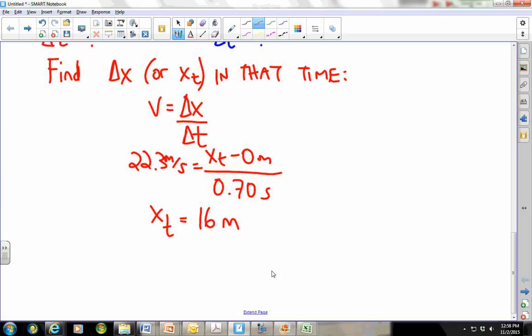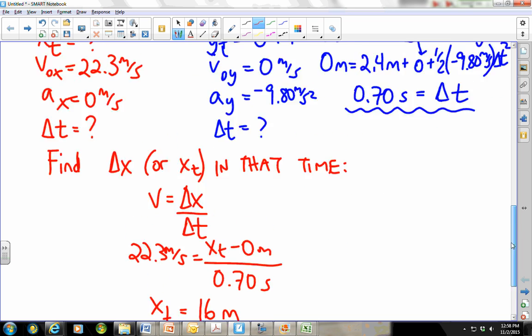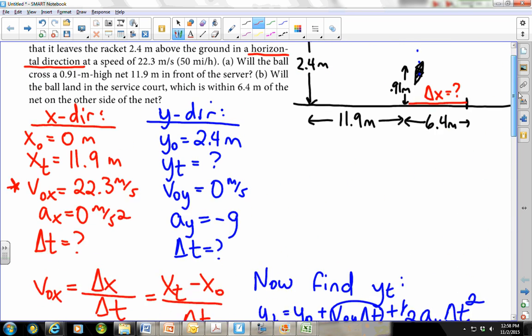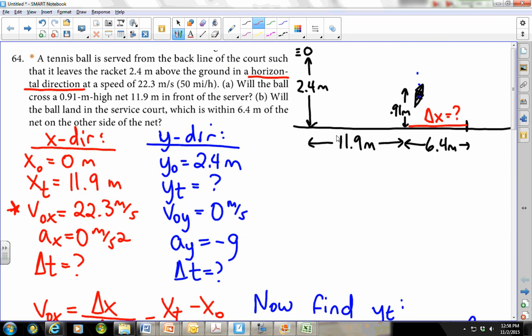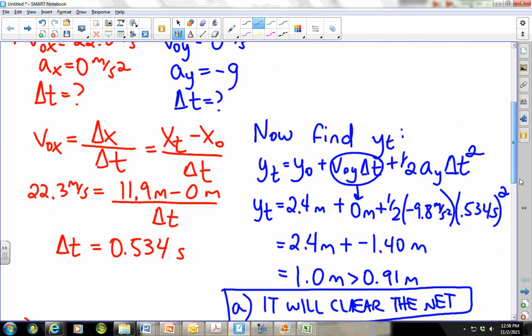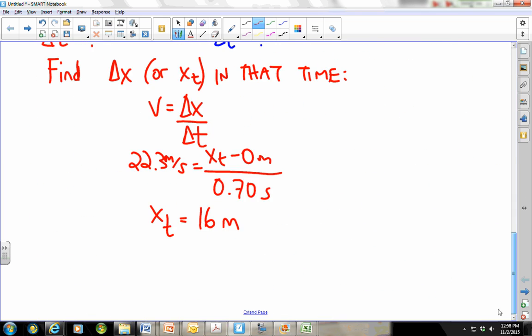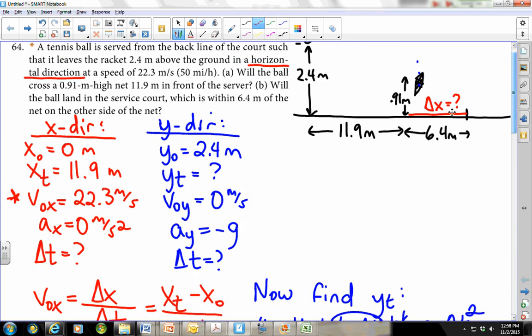Now that's from where it was served. So it's going to go the 11.9 to the net. So it's going to go this distance plus another 4.1 to get to 16 meters. So that's definitely 4.1 falls in this range of the service court here.